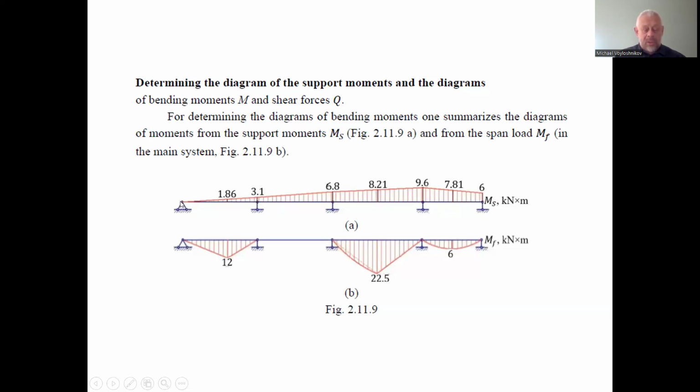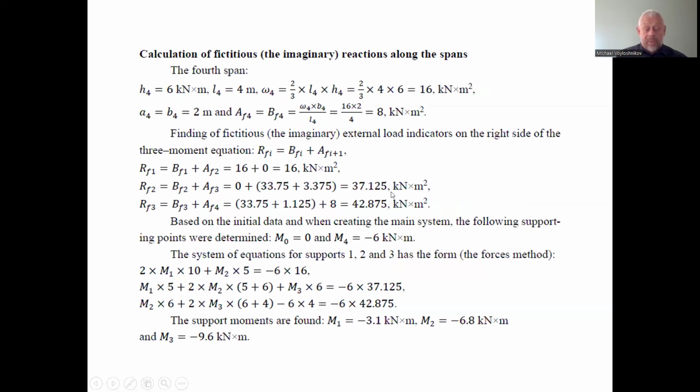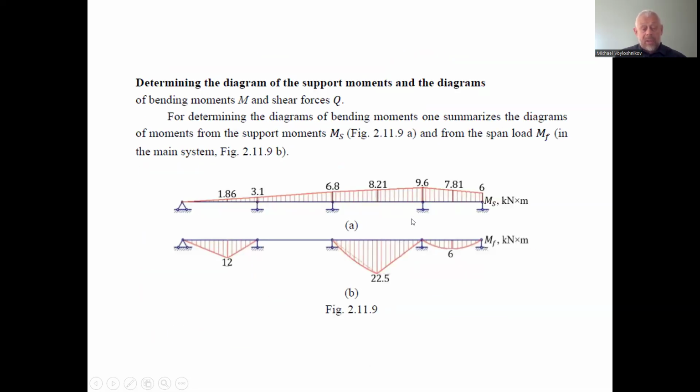After that, the other hinges were assumed, but we have the magnitude of moments here: for the first one supporting 3.1, the second one supporting 6.8, which we got from the mathematical equations of three moments. And for the third, we have 9.6, and the right one is the action of the console distributed load on the right span, with no support here.